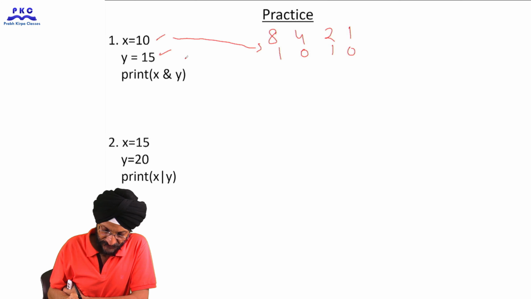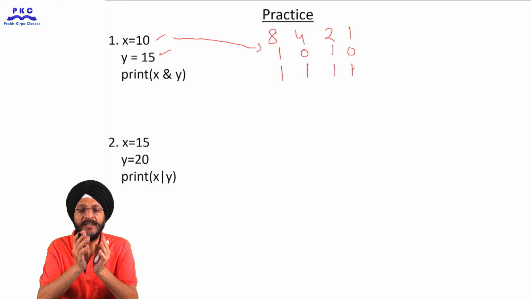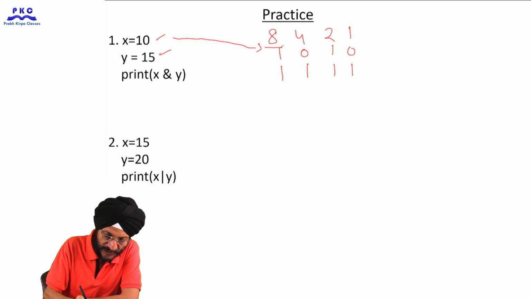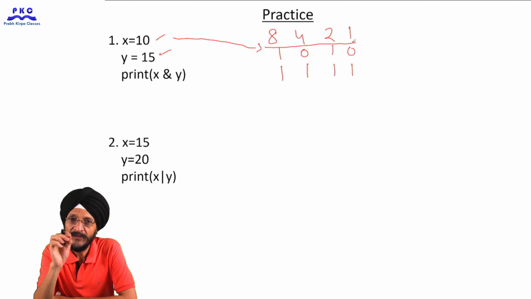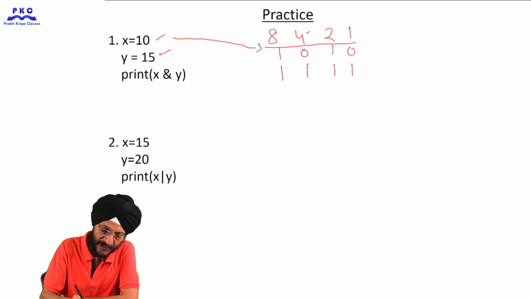In case of 15, we will get 8, 4, 2, 1. As already told, when we have to convert a number into binary, we start from the right with 1, multiply by 2 comes 2, again multiply by 2, and so on.